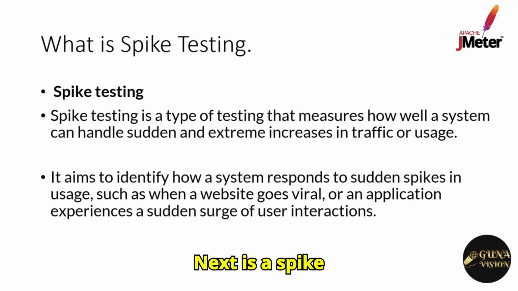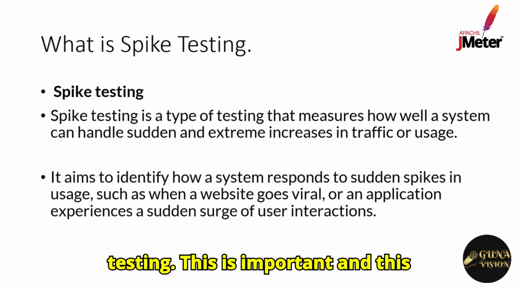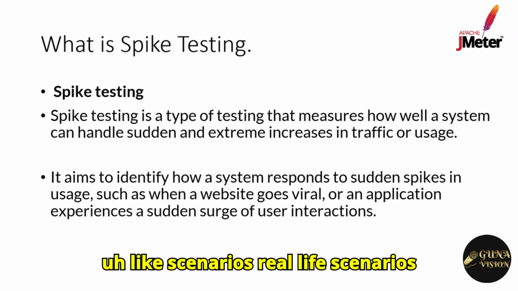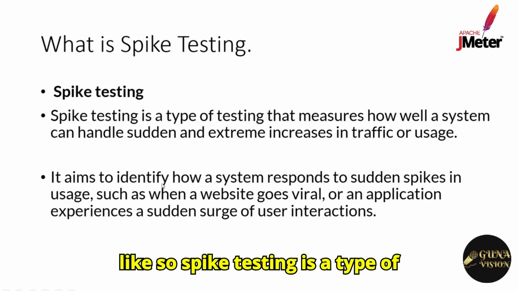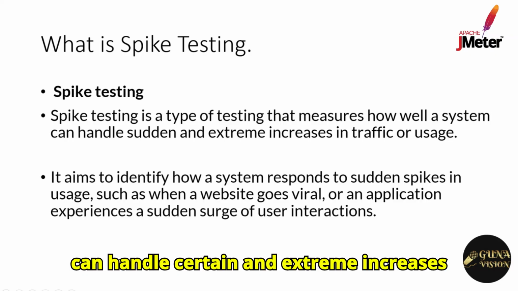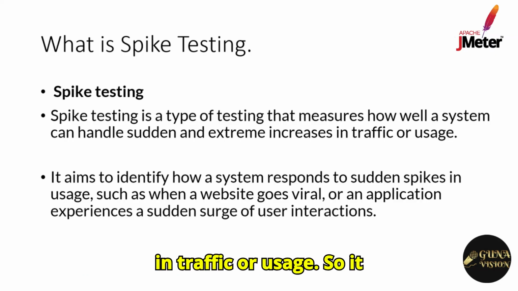Next is spike testing. This is important and it is based on real life scenarios. Spike testing is a type of testing that measures how well a system can handle certain extreme increases in traffic or usage.